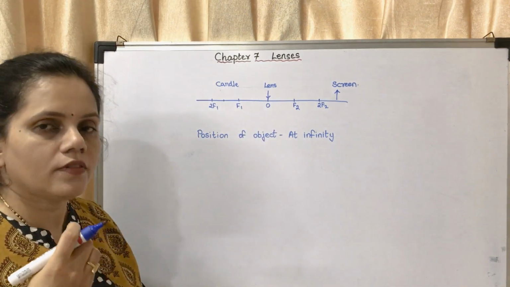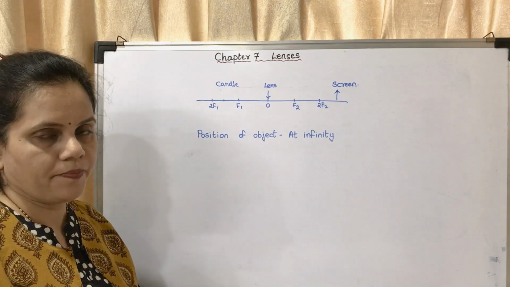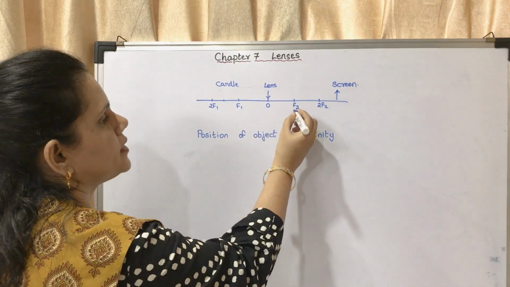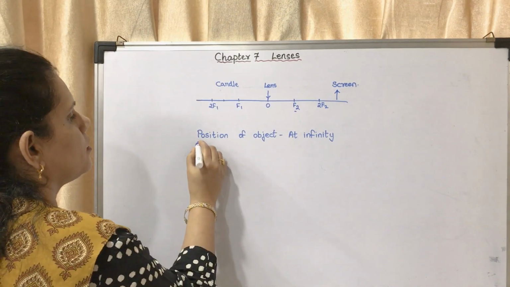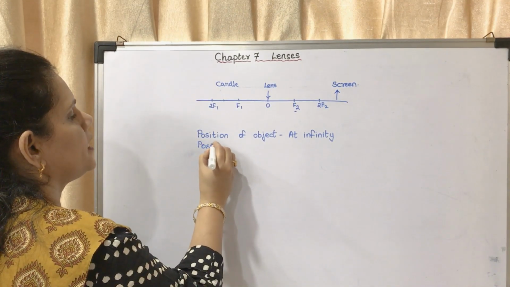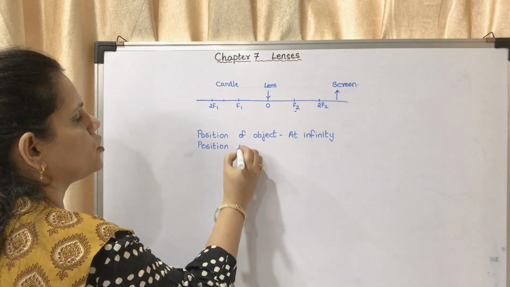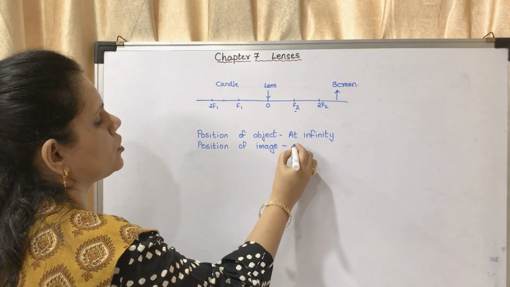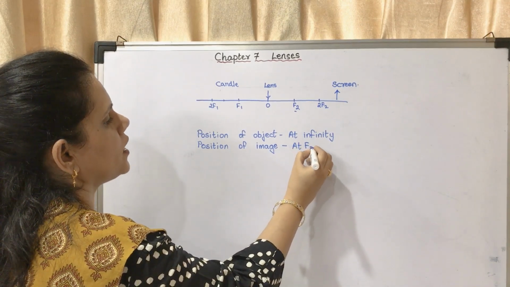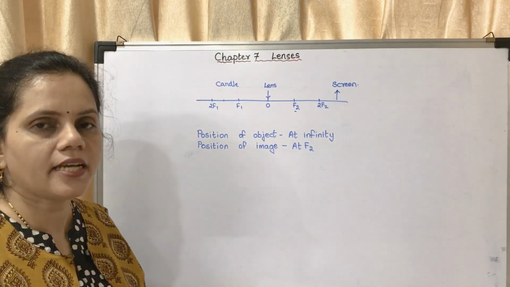The image you will get at the focus. That is the position of the image. You may see in the table they have given the position of the object at infinity and the position of the image is at F2.